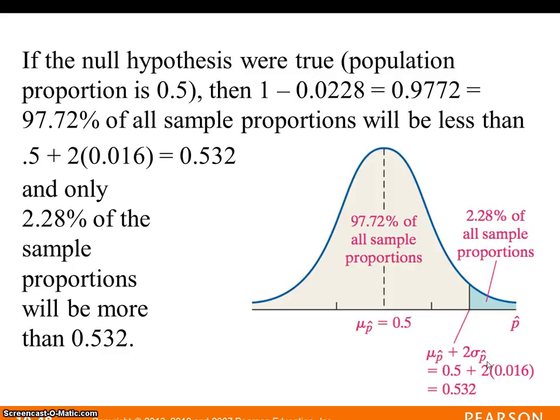So if the null hypothesis were true, the population proportion is 0.5, then 1 minus 0.0228, which would equal 0.9772, is equal to 97.72% of the sample proportions will be less than 0.532. And so only 2.28% of the sample proportions would be more than 0.532.